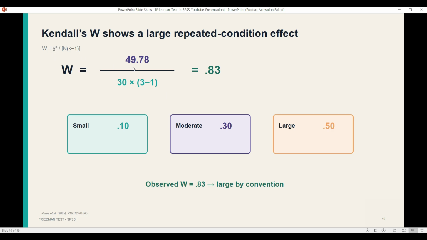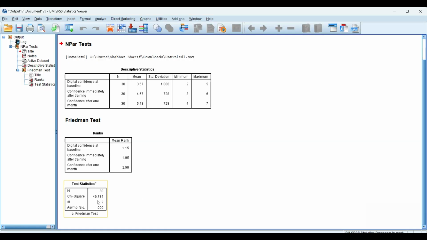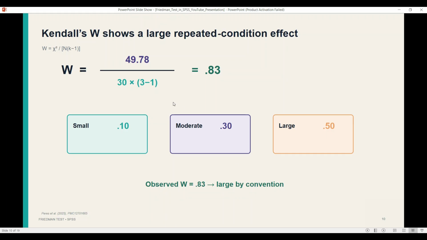We put in the chi-square value of 49.78 from the results, divided by 30 total observations multiplied by the bracket of 3, the number of observations, baseline, immediately after training and after 1 month, minus 1.